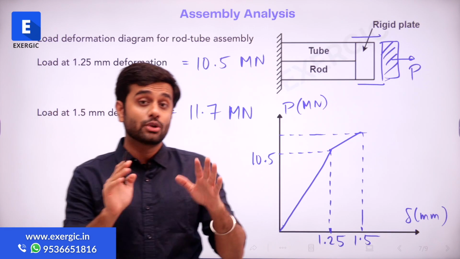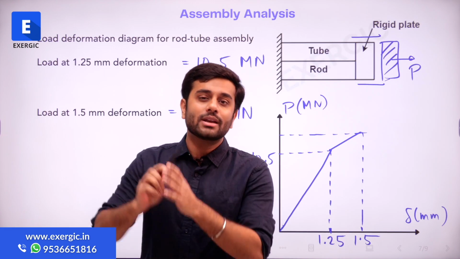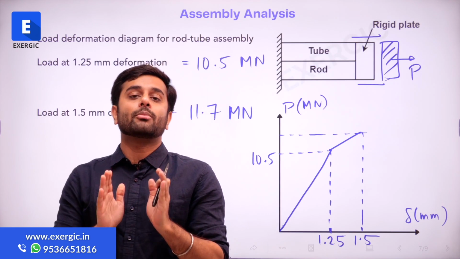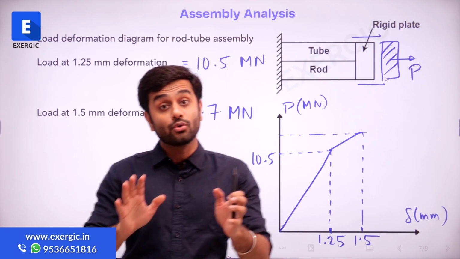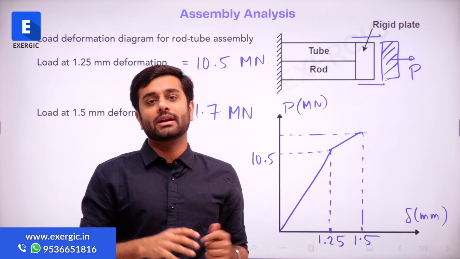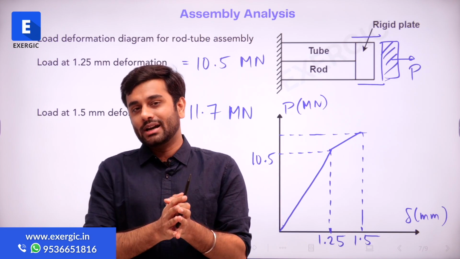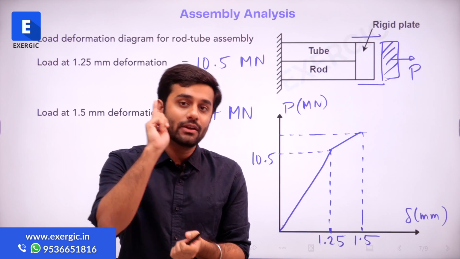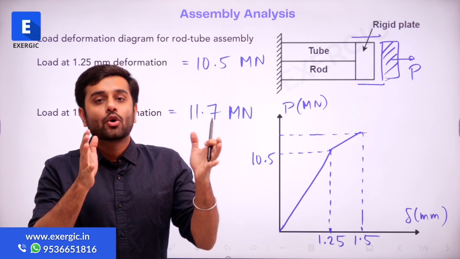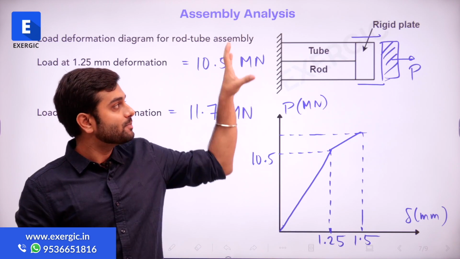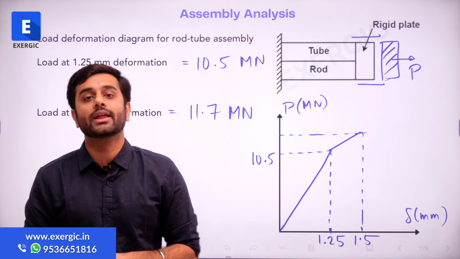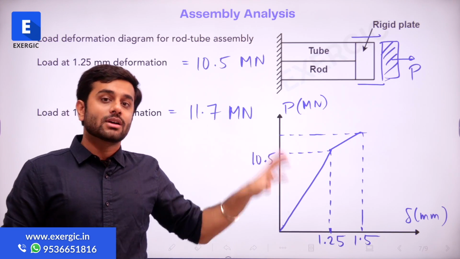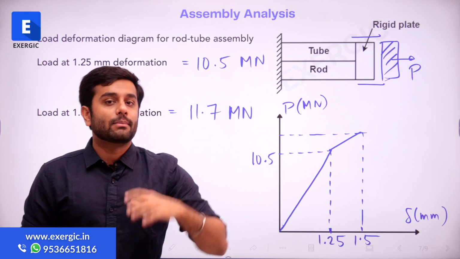And this is what you need to understand, that although in the majority of the discussion we talk about the stress strain diagram, which is true if you want to compare two different materials, if you want to understand the material properties, material behavior. But if you want to analyze the component's behavior, this is a specific component under a specific loading, these diagrams are more suited for practical application.